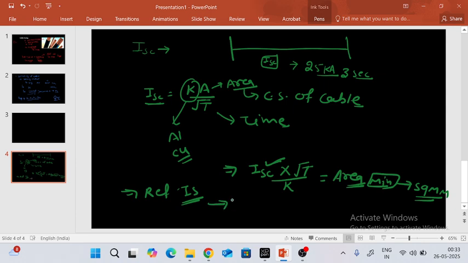I will show you these calculations with a live example. Okay, so two things we have defined: what is the ampacity of the cables, and what is the minimum cross section area of the cable required.